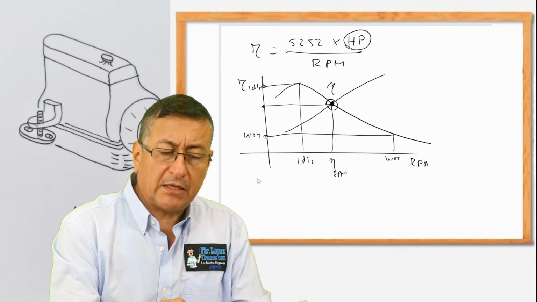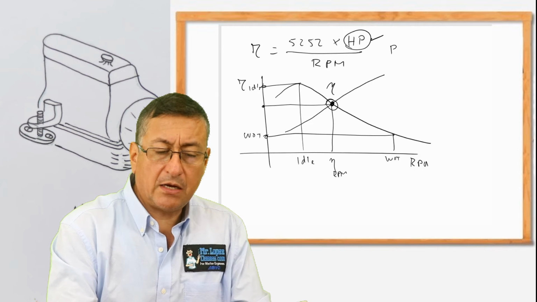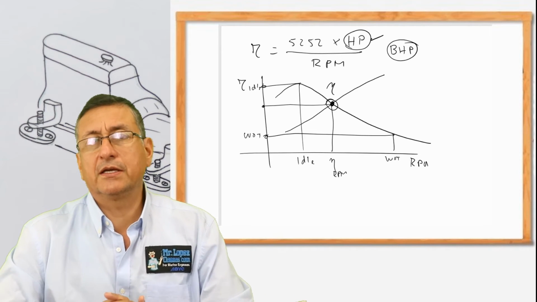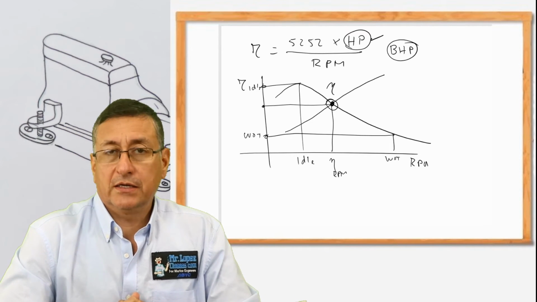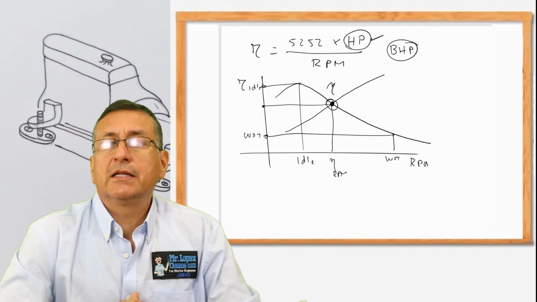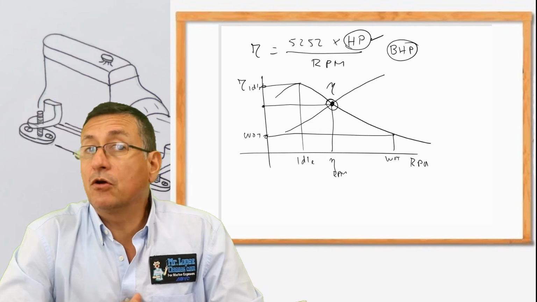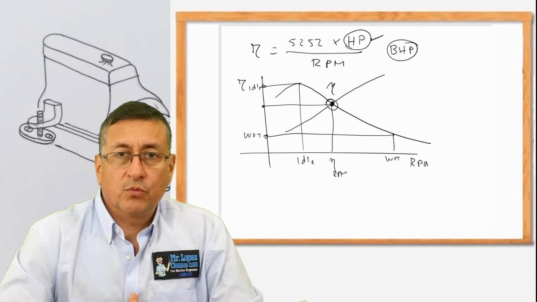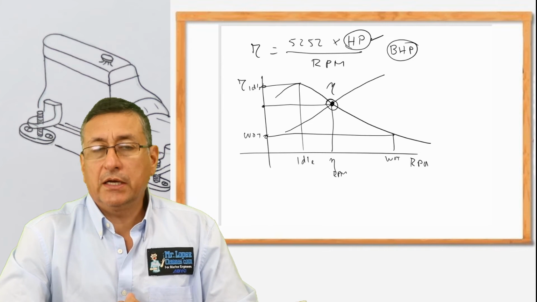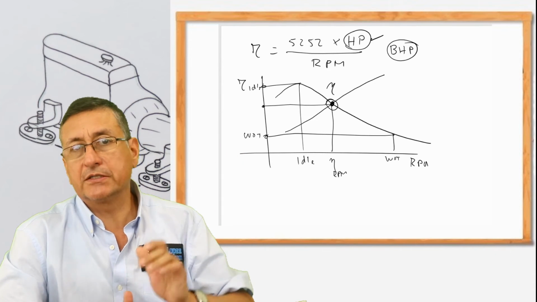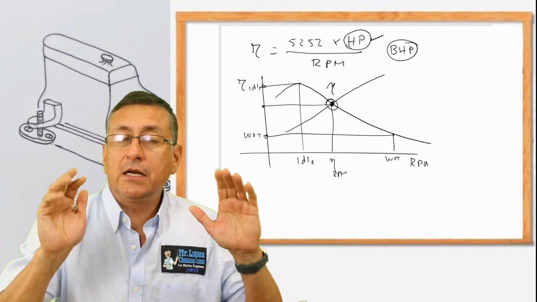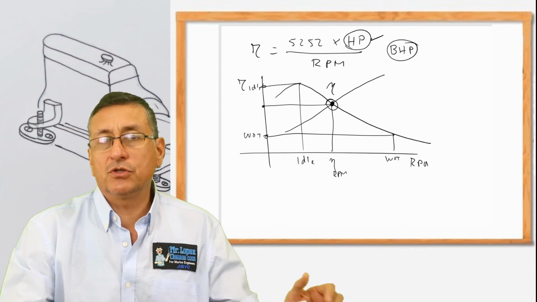Normally the horsepower that we use in this point is the brake horsepower, because the horsepower that you have over there is the horsepower that you calculate with the previous formula. But the brake horsepower is the real horsepower. Remember, when you buy a motor or a boat in the catalog, the manufacturer says that the horsepower, for example, is 600 horsepower. This is the ideal horsepower at sea level in ideal conditions.